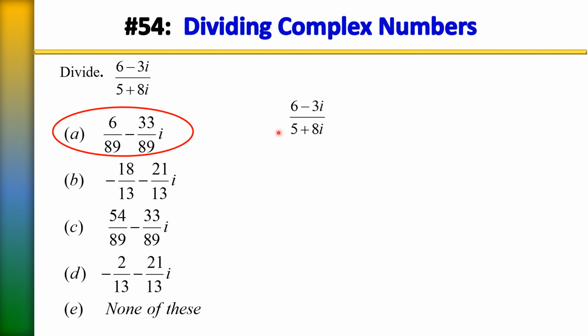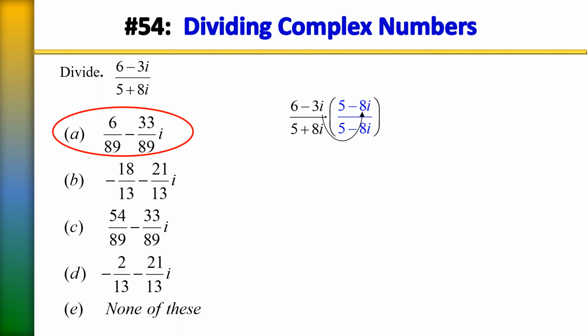So on the denominator, we have 5 plus 8i. The conjugate of 5 plus 8i is 5 minus 8i. So I'm going to go ahead and multiply both the top and bottom by 5 minus 8i. Let's go ahead and begin the process. First, 30. Outer, negative 48i. Inner, negative 15i.